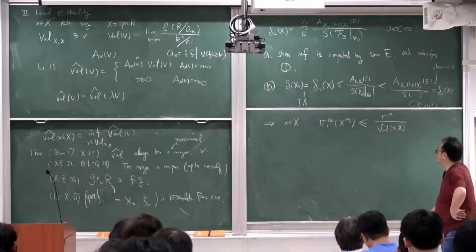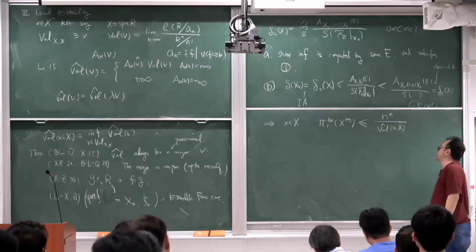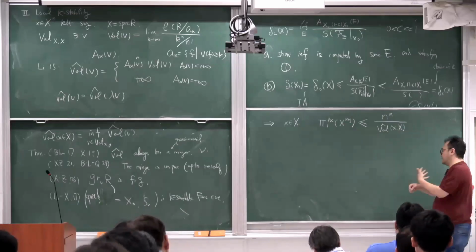So why? I mean, first we know this is finite. And then you can take this finite universal cover.